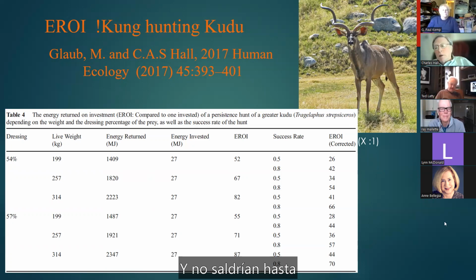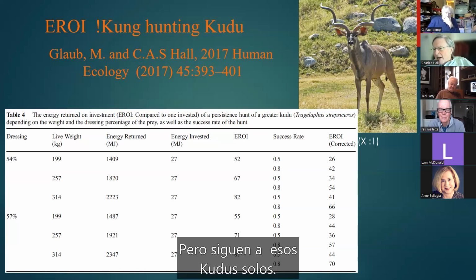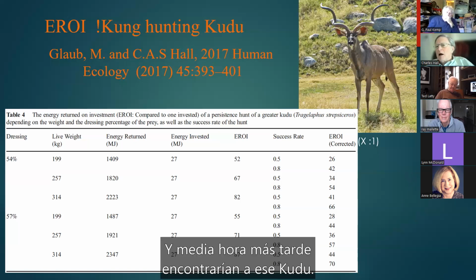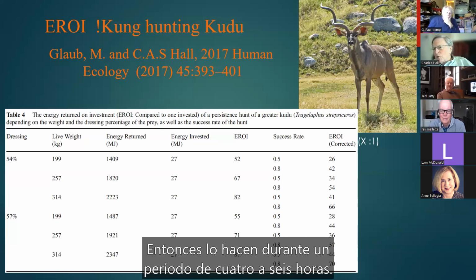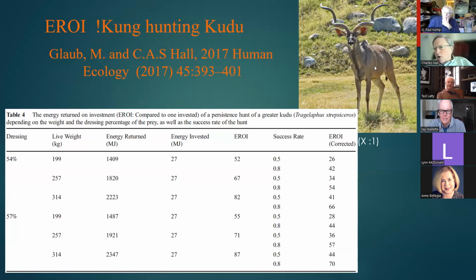And they wouldn't leave till 10 in the morning. And they'd startle the kudu. The kudu would run away very fast, but they'd track that individual kudu. And half an hour later, they'd find that kudu sitting under a bush trying to cool off, because when he ran, he'd heat up. So they do that over a period of 4 to 6 hours. It's called persistent hunting.